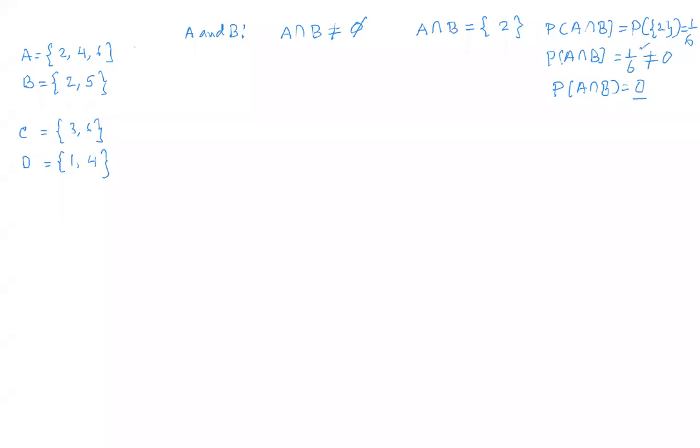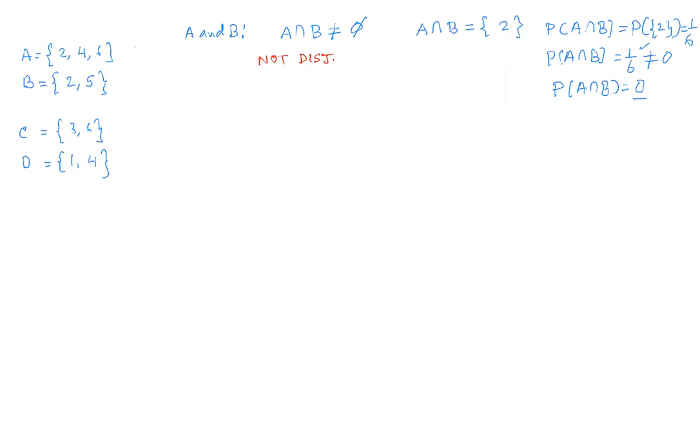So these two events are what? Not disjoint. Is this part clear to everybody? Yes. So this is how you show that two events are disjoint versus not. So these two events are not disjoint.